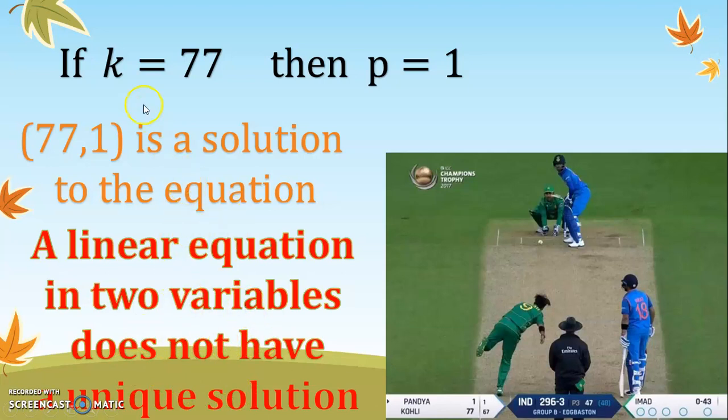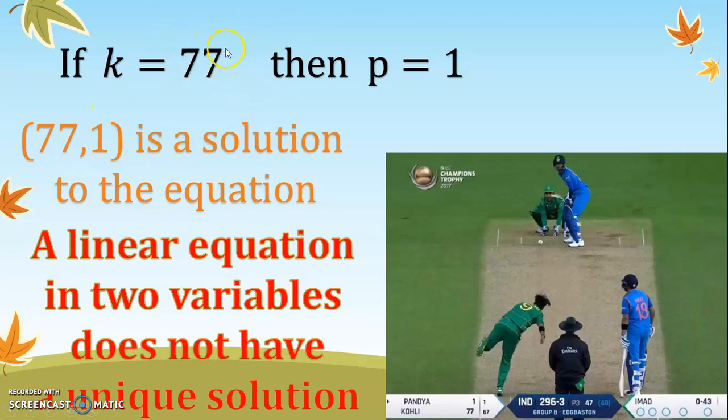Since this is a game of cricket, a batsman cannot score negative runs. If negative runs were possible, we'll come back to the negative part maybe in the next example. So as a solution to this equation, we can form different combinations.